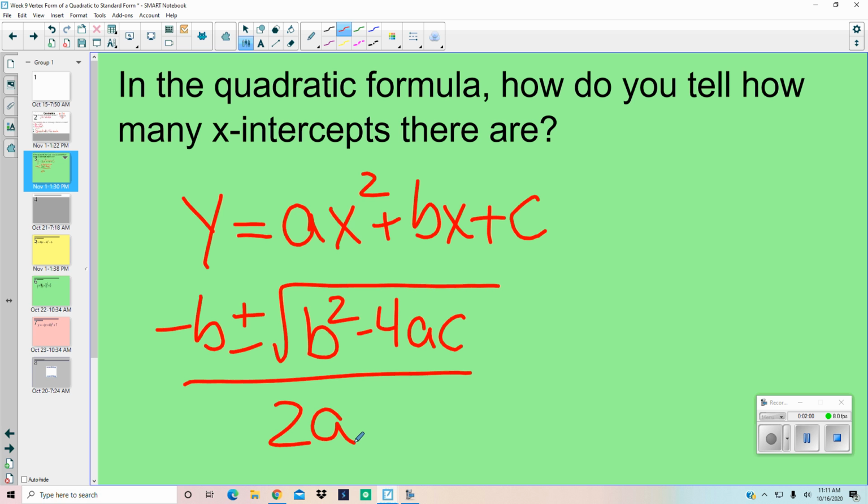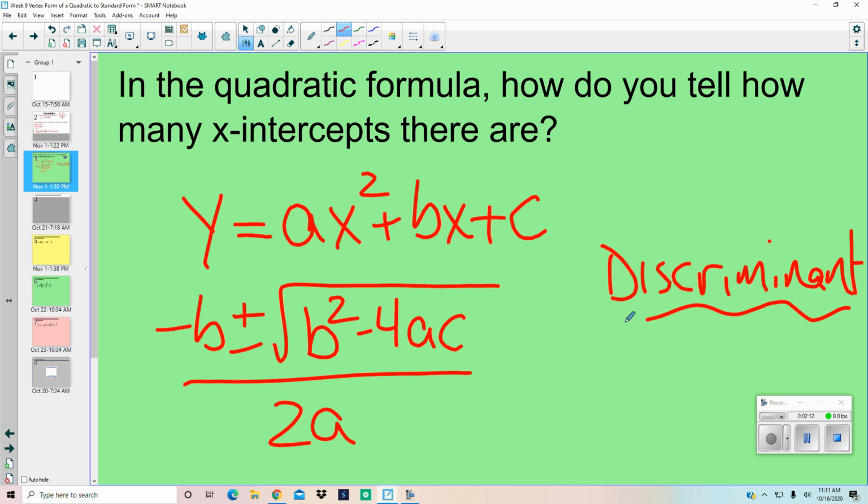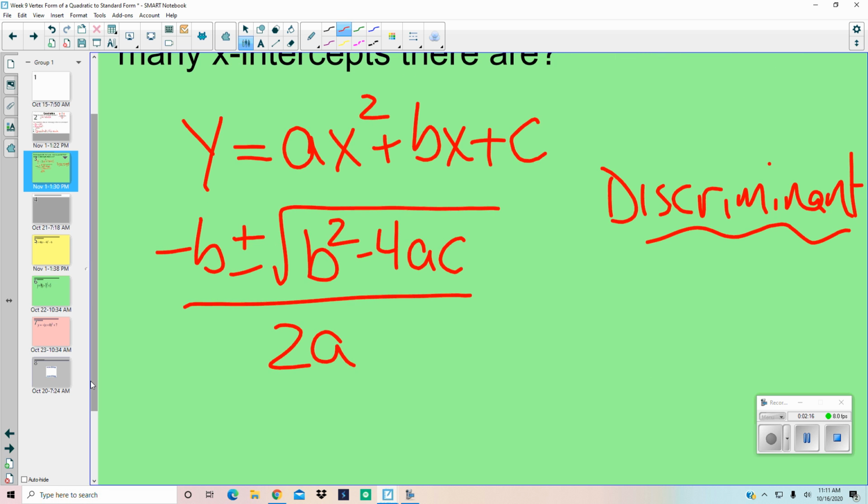The part under the radical is called the discriminant. We use that to tell how many x-intercepts or zeros or solutions there are.